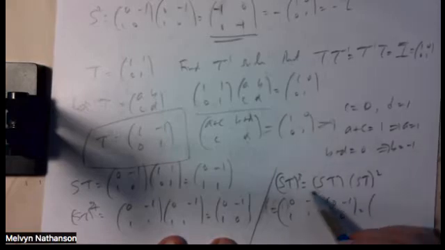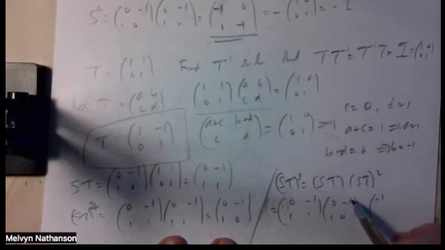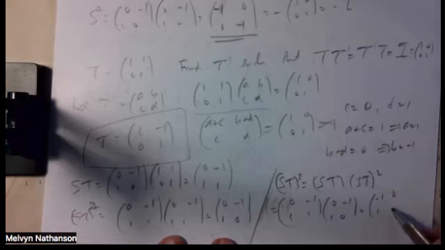So when I multiply this, I get minus 1, 0, 1, minus 1. So if I was lucky and did my arithmetic correctly, this is ST cubed. Any questions about that?